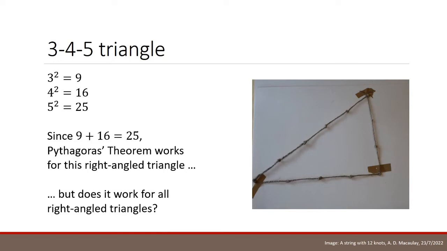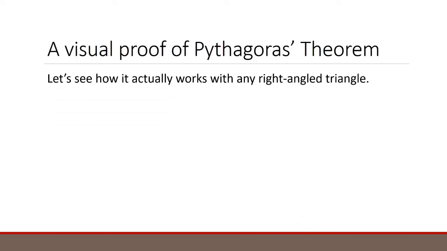Let's have a look. Here is a visual proof of Pythagoras' theorem, and let's see how it actually works with any right-angled triangle. So here's any right-angled triangle. I just happened to come up with this. We don't know the lengths of the sides, but we can label the shortest side as a, the next shortest side as b, and the longest side as c.